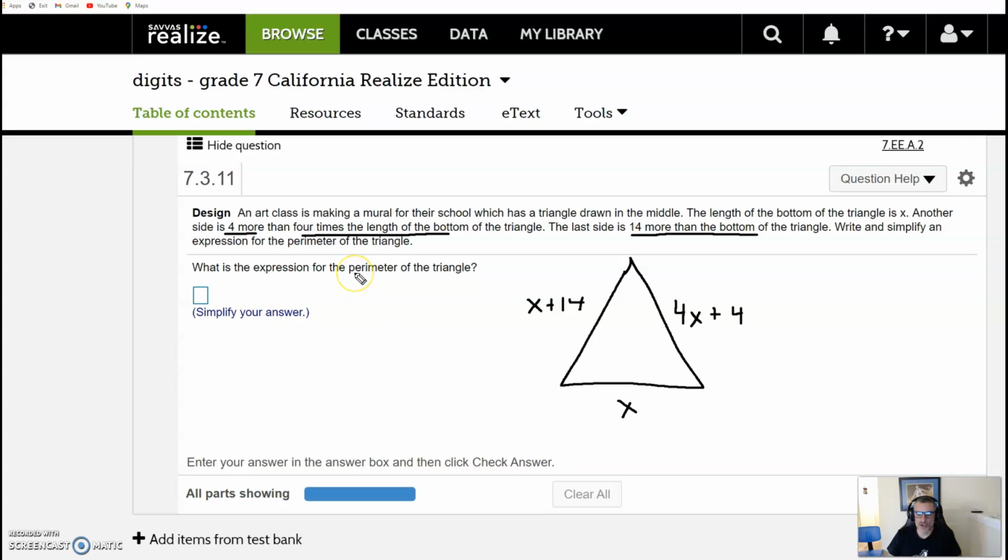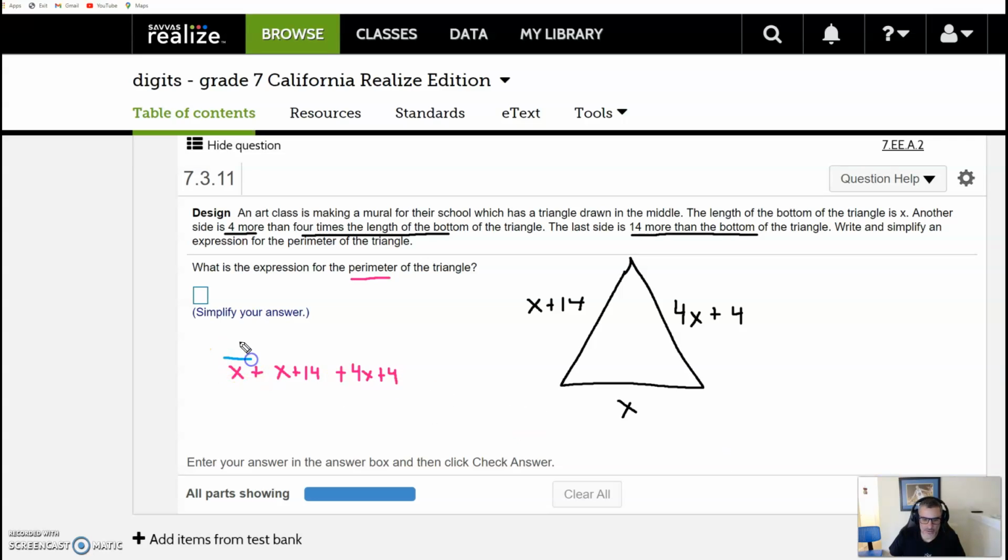What is the expression for the perimeter of the triangle? Well, remember, perimeter just means we're going to add up all the sides. So I'll set this up, but I'm not going to do it for you. I need to do x, that's my first side, plus x plus 14. That's my second side, plus 4x plus 4.